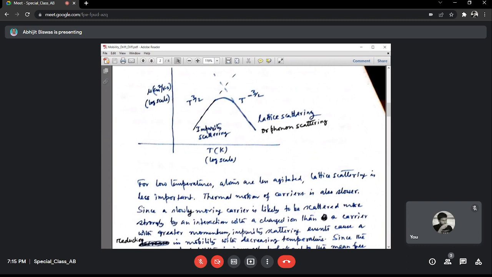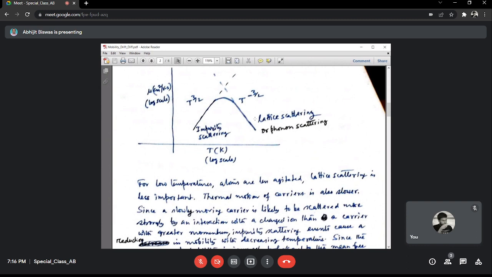That is the lattice scattering mechanism, or you can say this is the phonon scattering. Phonons are nothing but lattice vibrations. So again, mobility will fall following this T to the power minus 3 by 2 law.